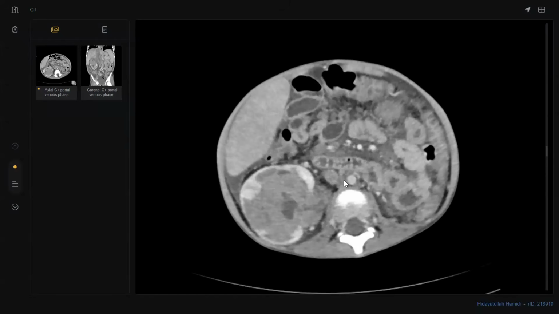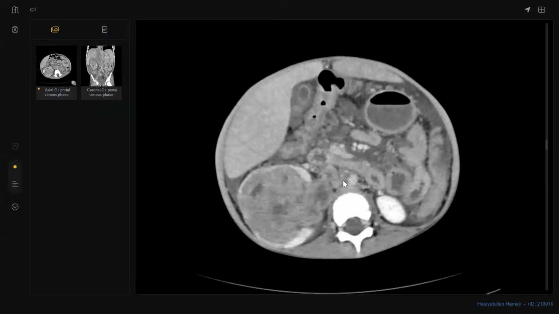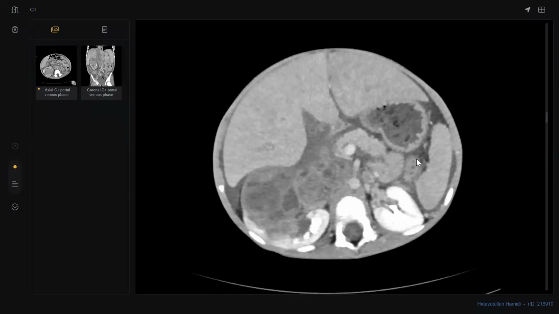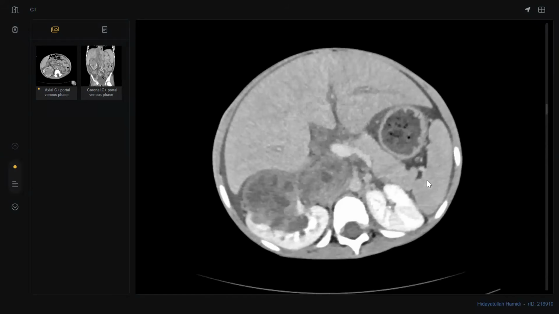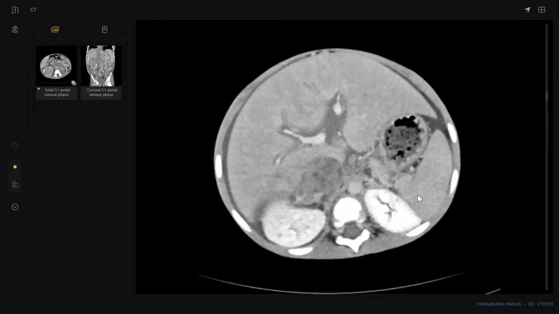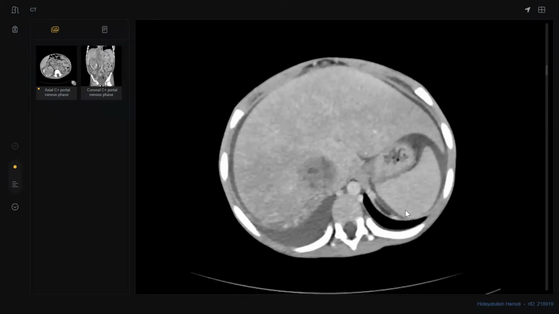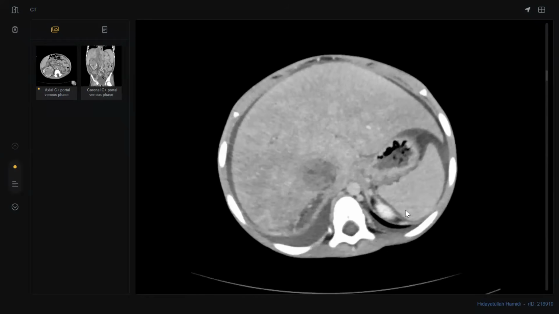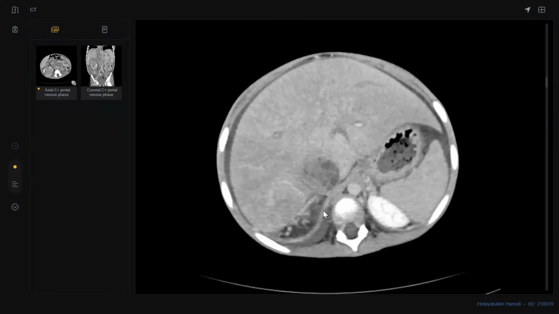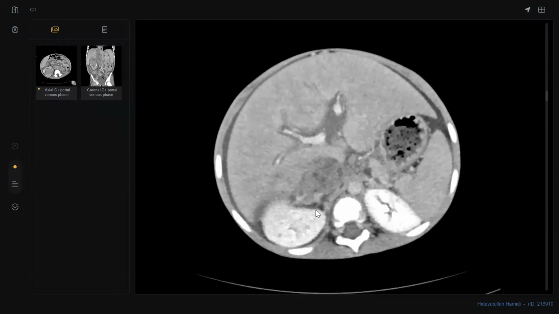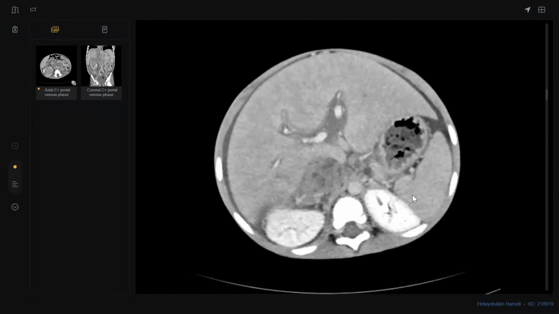I can see a few pathologically enlarged rounded retroperitoneal lymph nodes. I think the right adrenal gland is separate from the lesion.